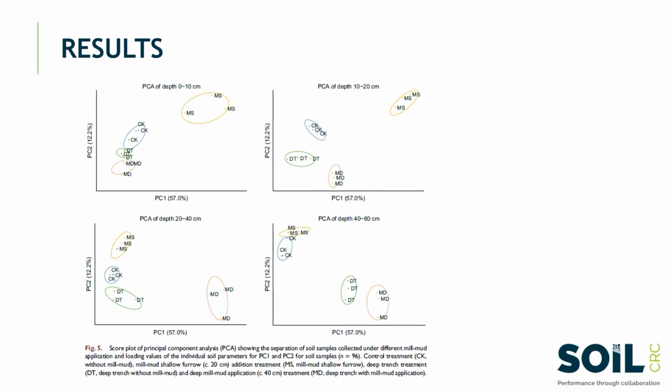After we gathered all of the results, we did a PCA analysis. At the surface, 0 to 10 depth, we found the surface applied mill mud treatment was separate from the other treatments. A little bit deeper, the surface applied mill mud treatment was still different from the others, but the others started to separate from each other.